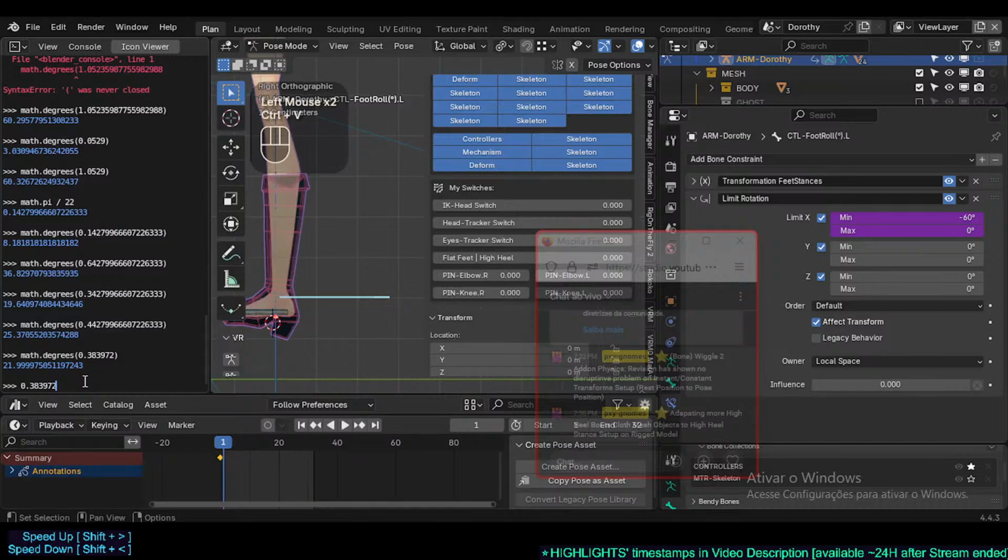So okay, you need to add plus this times the, what's the name, flat heel fit stances.